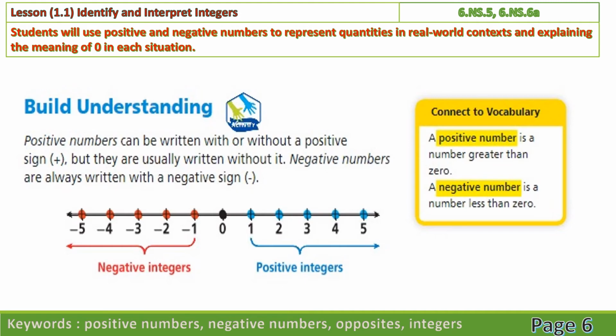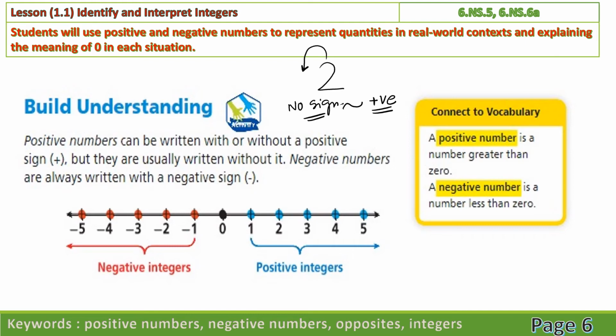Okay, so positive numbers can be written with a positive sign or without a positive sign. So for example, 2 is written. What sign is written before 2? Before 2, no sign is written, right? No sign means automatically it is a positive sign.